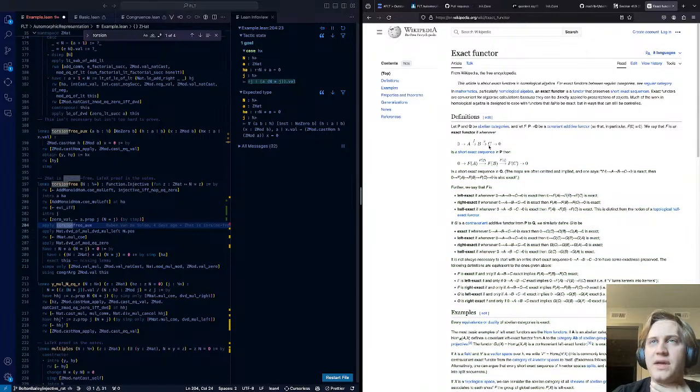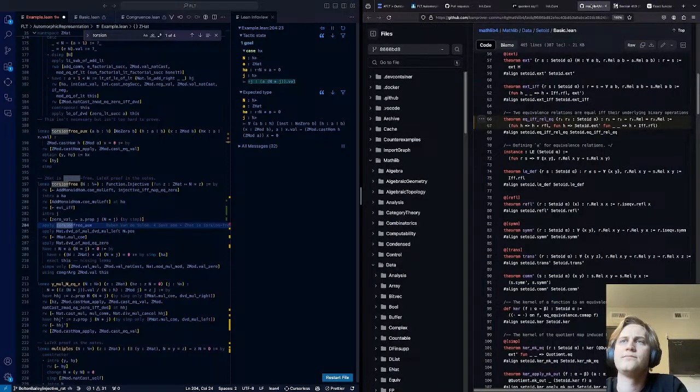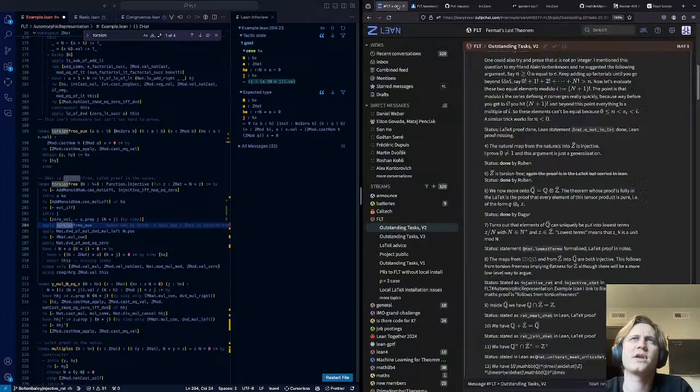Right, I remember this diagram from my abstract algebra class, but I don't remember what it means. It's an exact sequence. Yeah. Okay. I'm not sure if I'm going to get anything out of that.